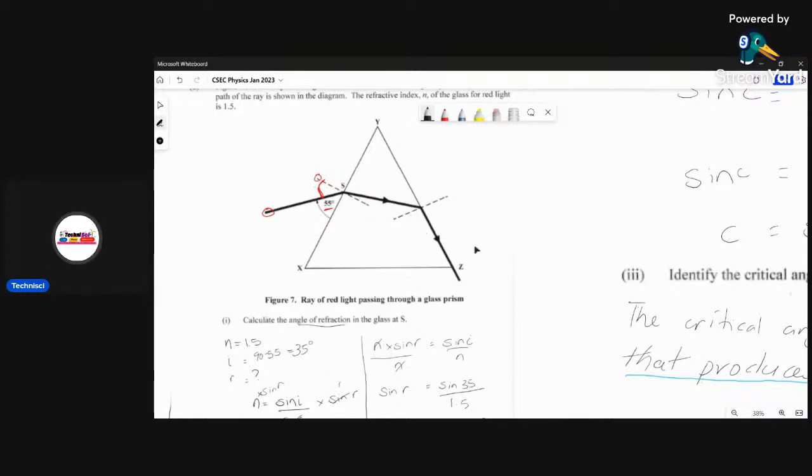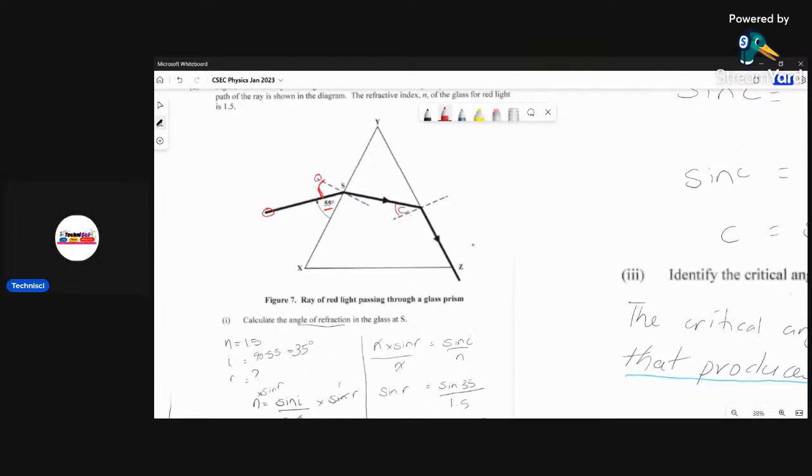So now remember we said the critical angle is the angle of incidence that produces this angle of refraction that gives 90 degrees. So that simply means if this is an angle of refraction, then the angle of incidence must be here.